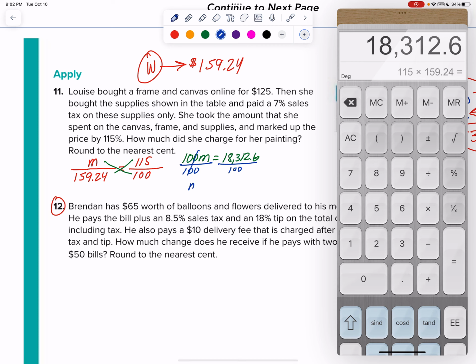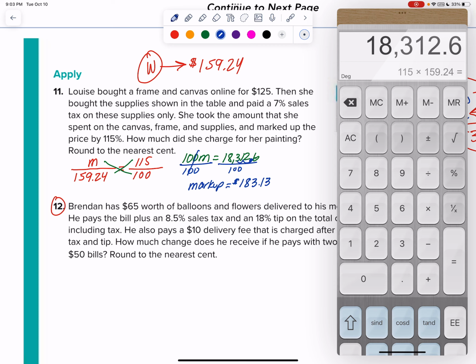And we're left with a markup of how much? Let's see. Divided by 100. Here's my decimal point, though, so be careful. So we end up marking up this canvas, painting, whatever, $183, and it wouldn't be 12 cents, it would be 13 cents because of the 6.